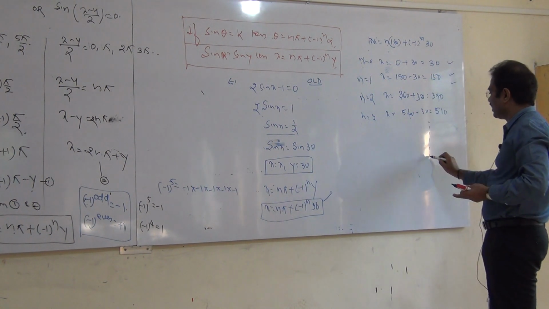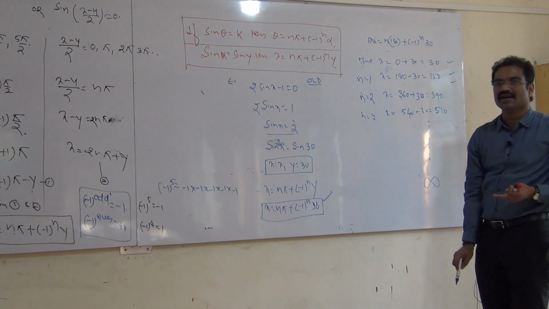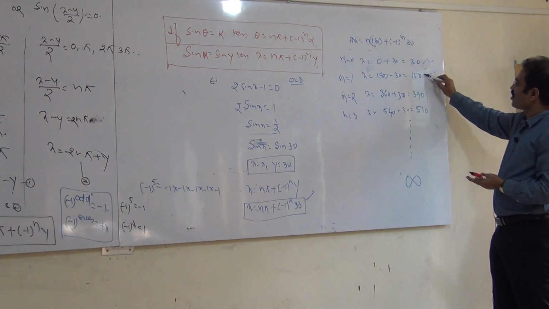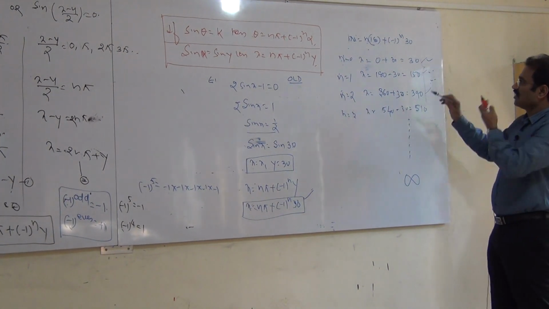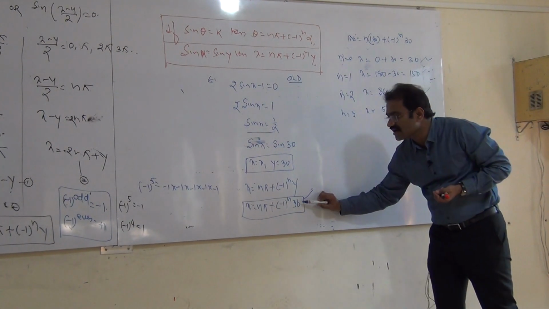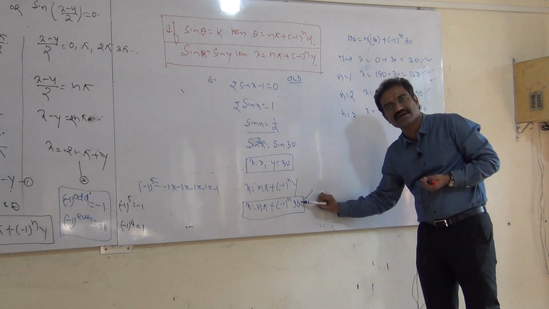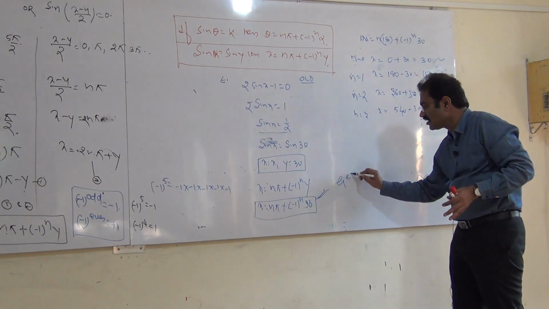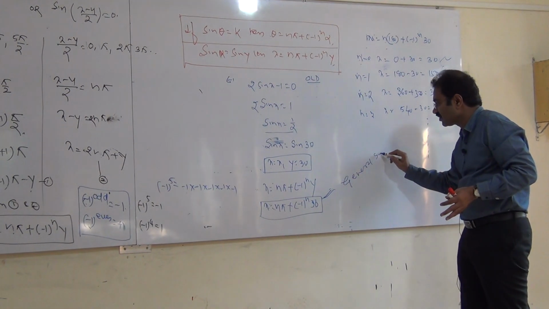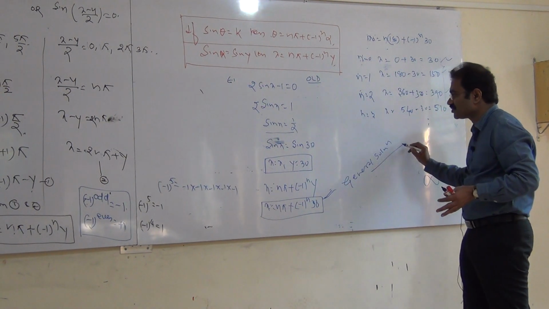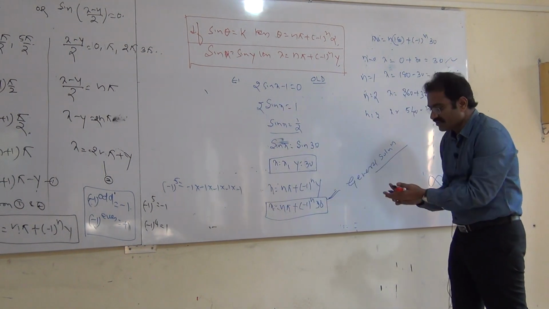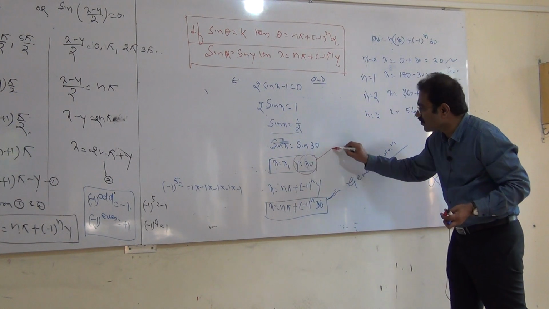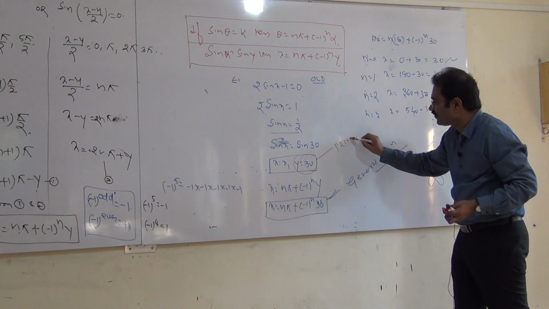In this way we continue, we get infinite answers. In the beginning I wrote all these answers. Don't write all these answers; if you write this much, it is enough. It has infinite answers. This is known as the general solution. And this y is known as the principal value.